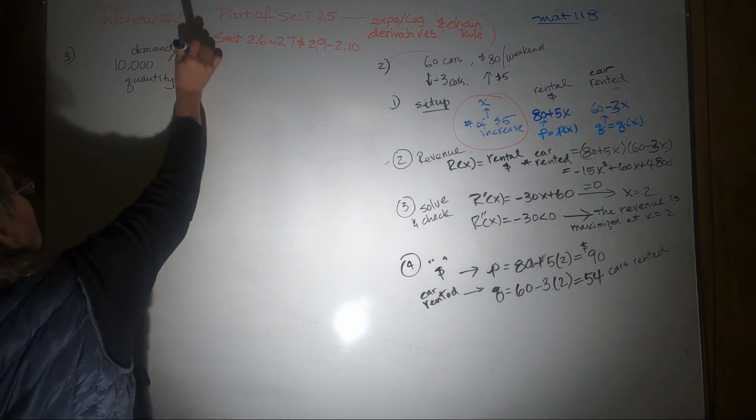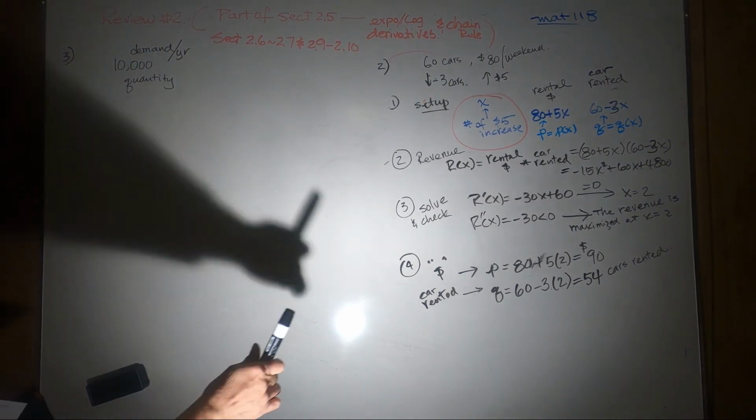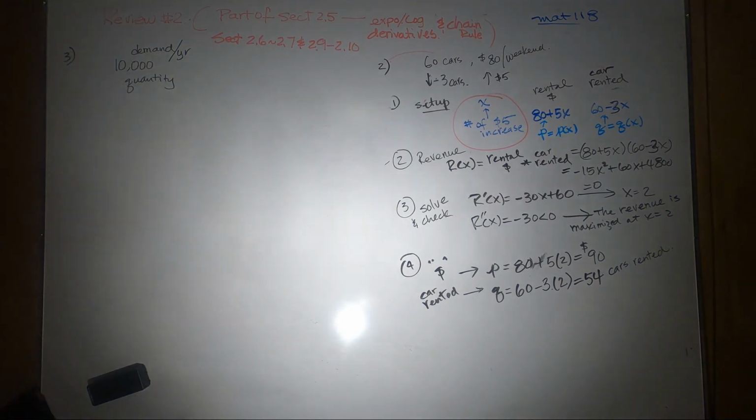We are talking about a year. The previous one, problem one, we were talking about the weekend, per day for the bicycle. So take a look at the question first, and see what we are talking about.